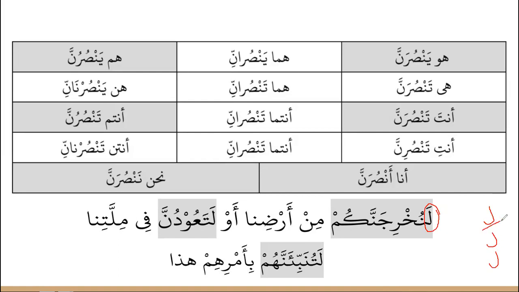So we already have three lams, right? One lam is harf jar, another lam makes the next mudari light, and another makes the next mudari lightest. Okay, so how do you know the difference between these lams? The harf jar lam will make the ism after it in jar status.